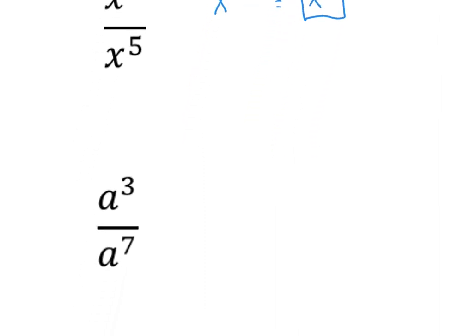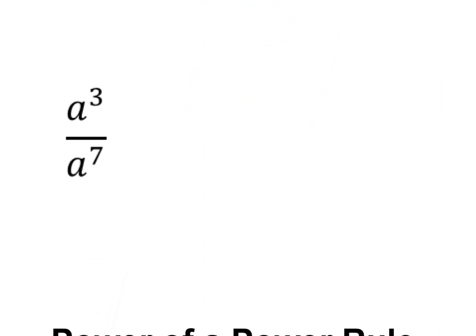Let's look at the second one. We got a to the third divided by a to the 7th. If we look at it from a mathematical standpoint, it'd be a to the m divided by a to the n. That's equivalent to a to the m minus n.